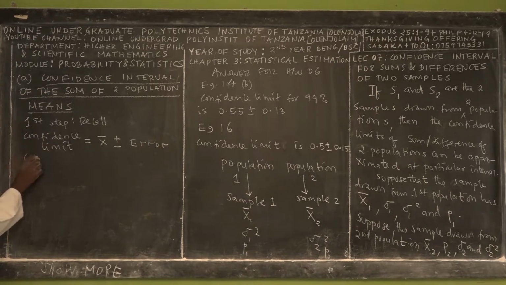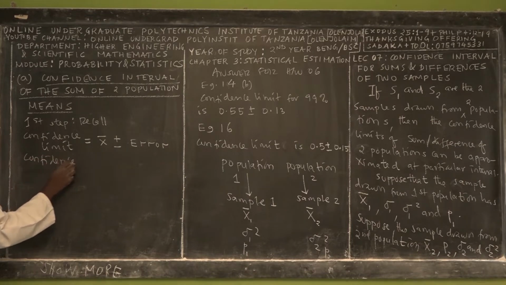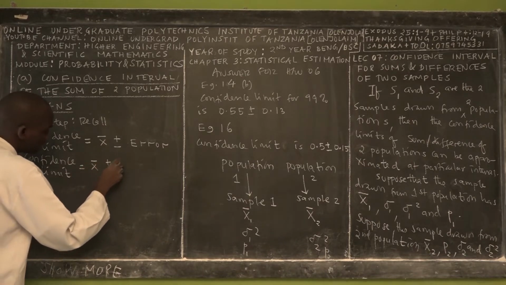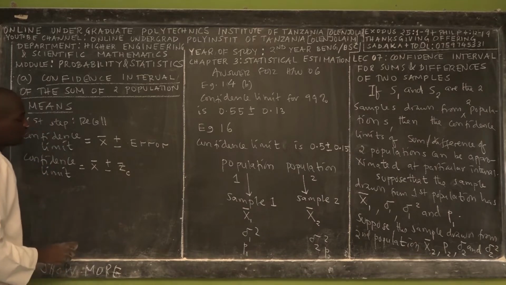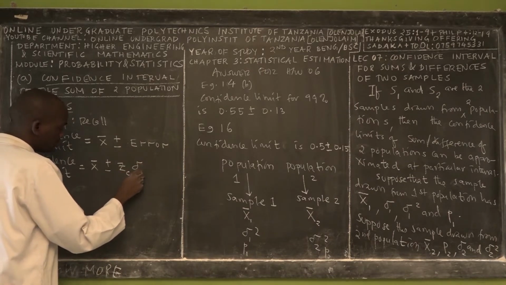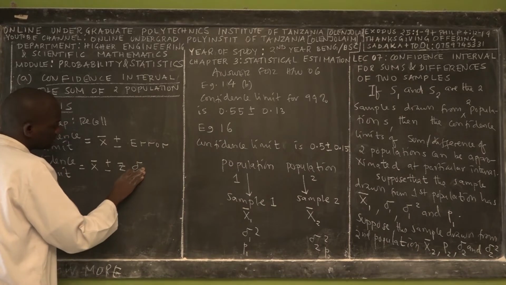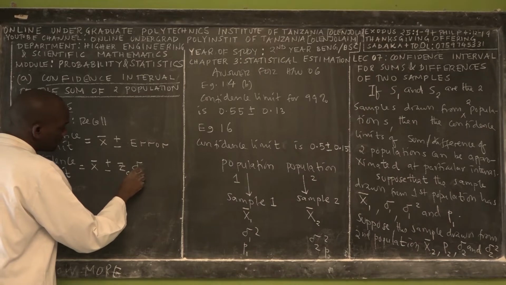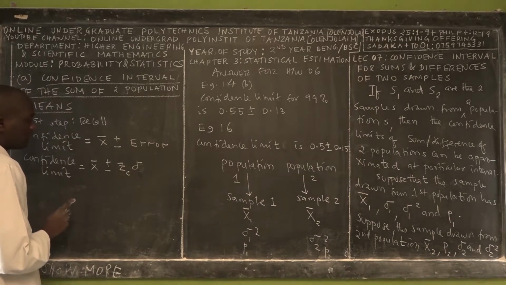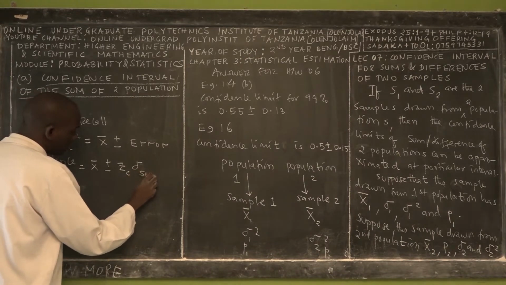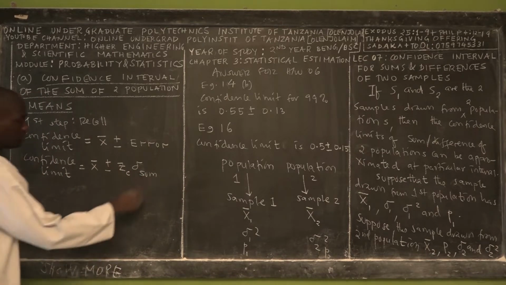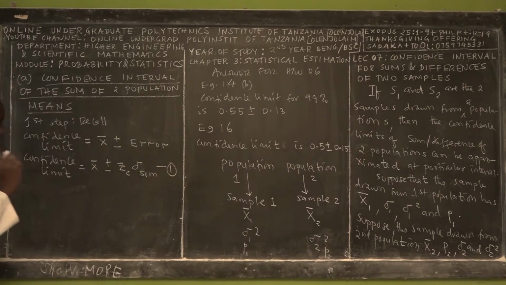And also remember that I told you confidence limit is equal to statistical mean plus or minus the critical value multiplied by standard deviation, for this case of sum. So we are focusing on sum, so standard deviation of sum. Okay? So this is equation 1. So you have to listen carefully.